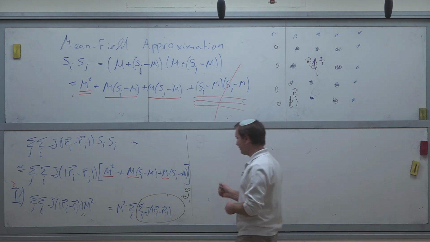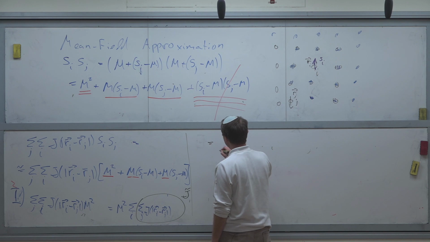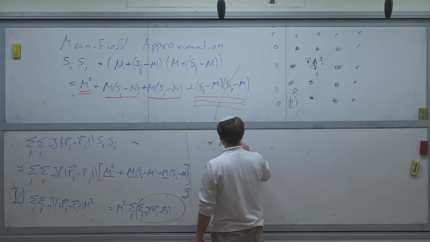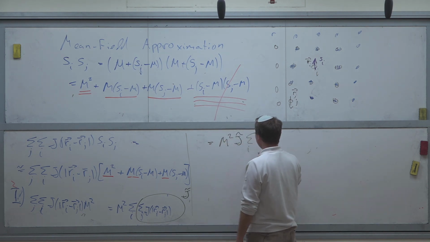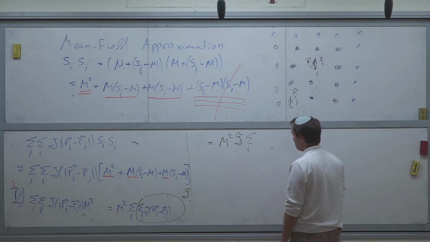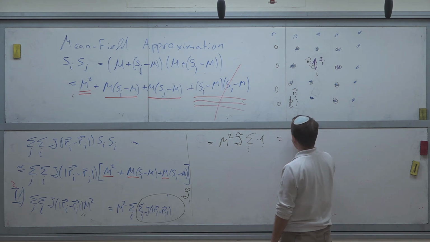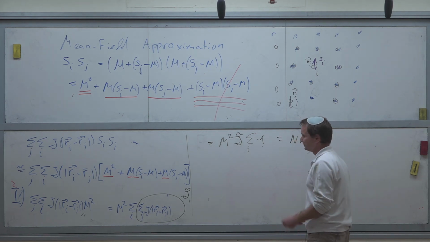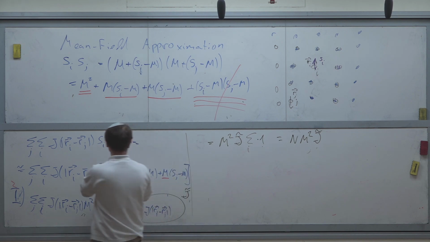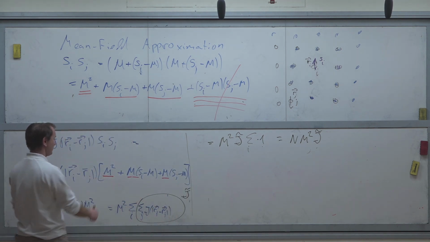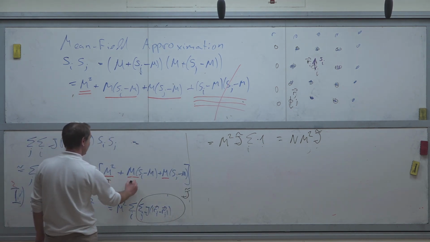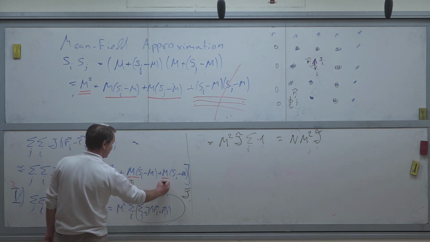So this equals m squared J tilde times the sum over i of 1, which is simply N m squared J tilde. This is the first part; this is 1, this is 2, and this is 3.